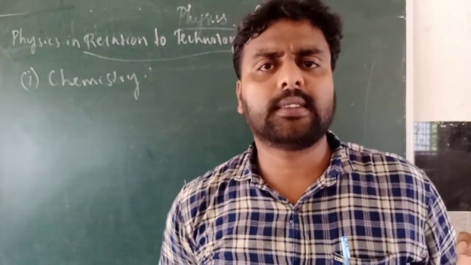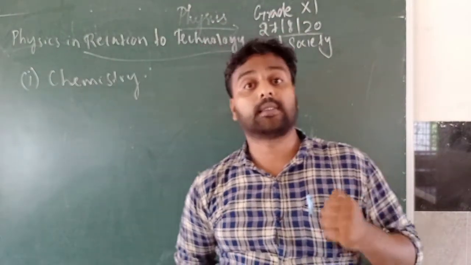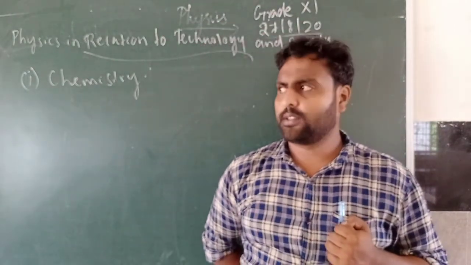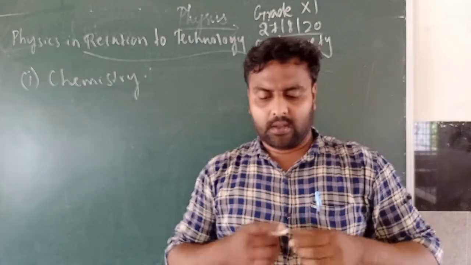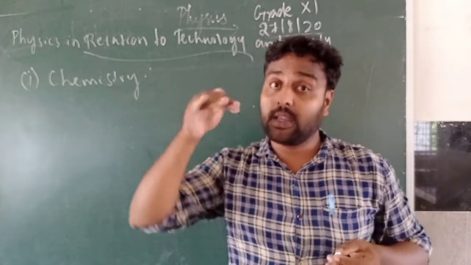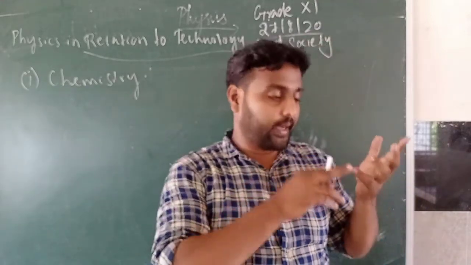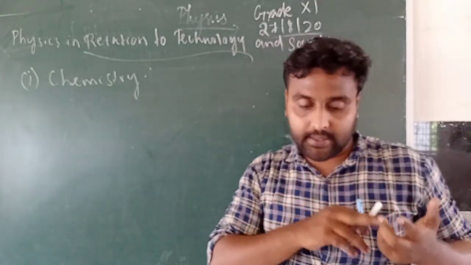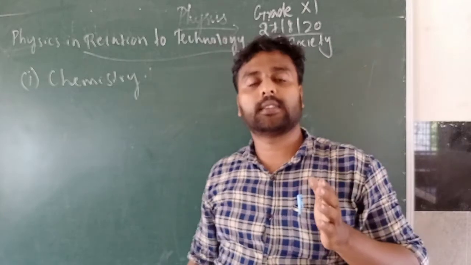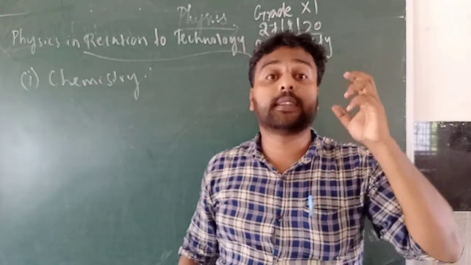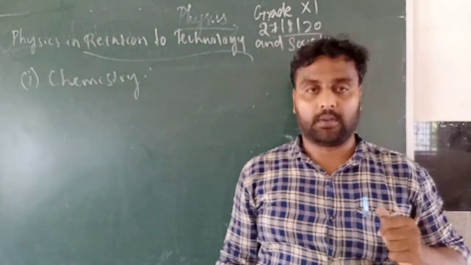How is physics related to chemistry? In physics we are studying about the structure of the atom, about radioactivity, about X-ray diffraction, and all these studies help the chemistry researchers to arrange the periodic table.